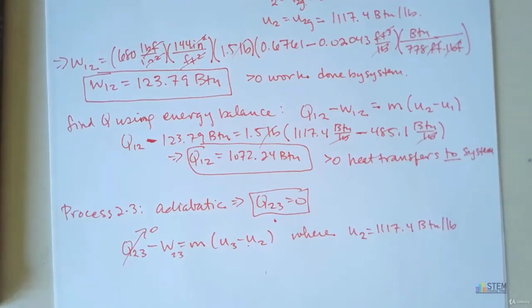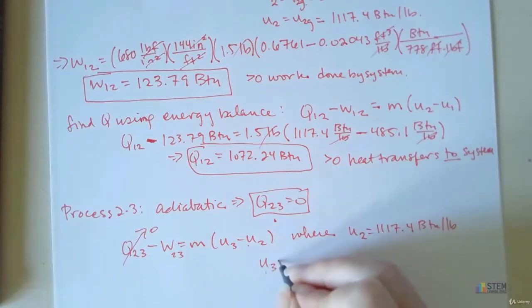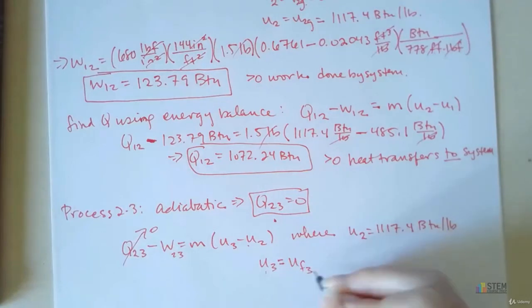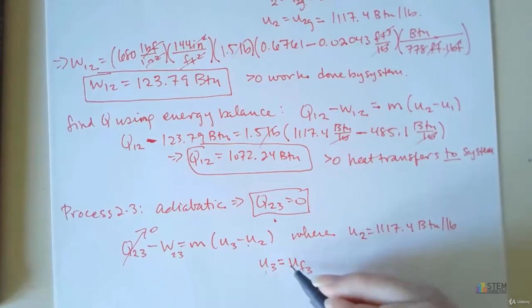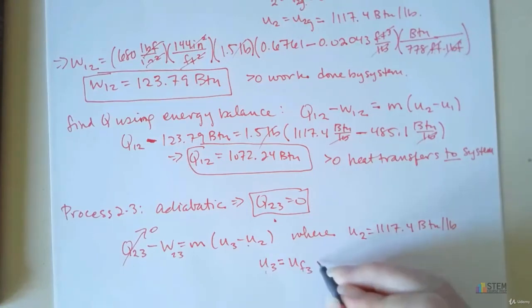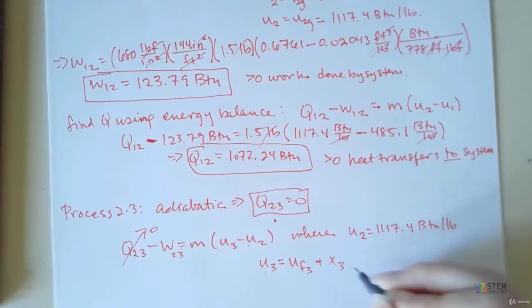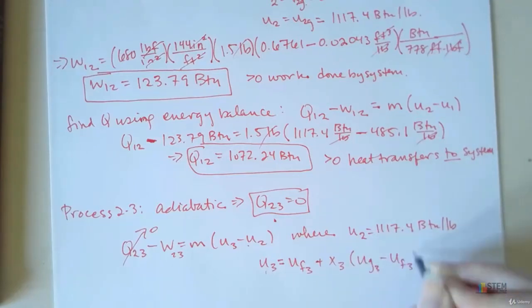We were given a quality though. If we're given a quality, that means we're going to have to use this equation where we use the saturated liquid and saturated vapor values. U3 then is going to be UF for state 3 plus the quality at state 3 times UG minus UF.